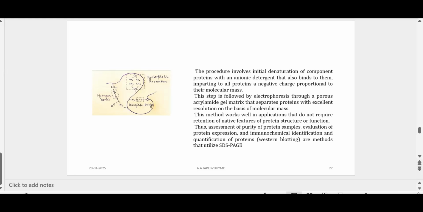Now here the other term that you are seeing is the stacking gel. This is what we discussed in the introductory lecture about PAGE electrophoresis. So what is the stacking gel? How is it going to function? That we have discussed. I'll reconnect you with that. The stacking gels are the pre-gels, you can say. This is the resolving gel, and here 1 centimeter area as against this 10 centimeter gel.